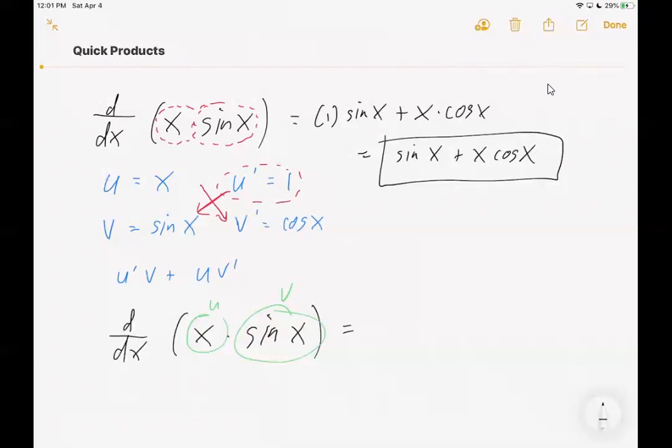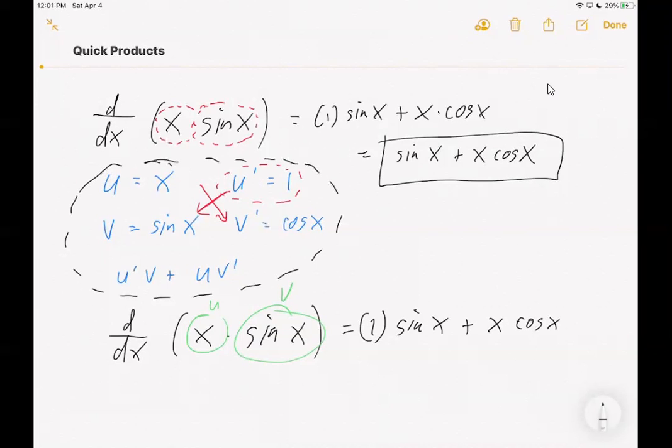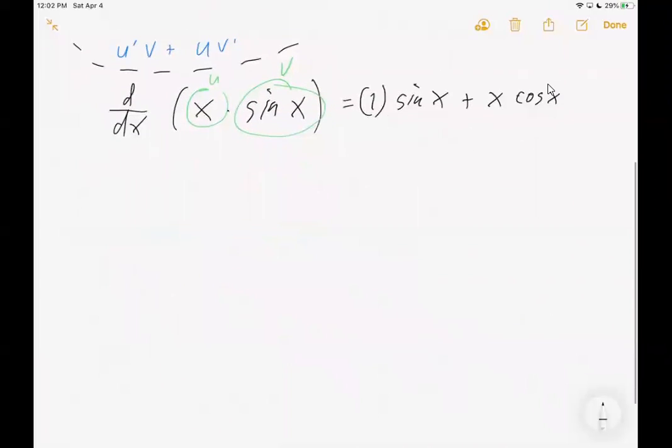U prime is 1 times sine x, so 1 times sine x, plus u, that would be x, write that down, times v prime, that would be cosine of x. I can forego the whole part of writing out this grid. The grid was very helpful when you didn't know quite how to get to the answer, but you've done this enough that you can probably right away figure out u prime v plus u v prime. So let's just do a couple of these together and make sure that you understand how to do it quickly without writing out the whole grid.